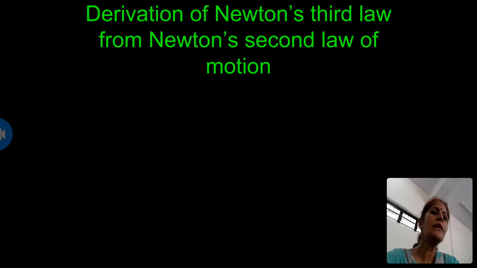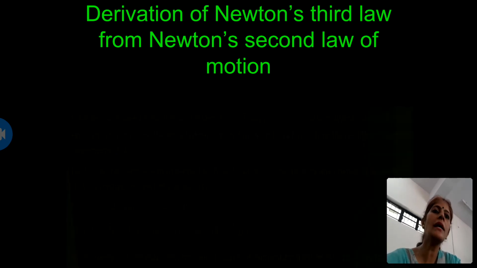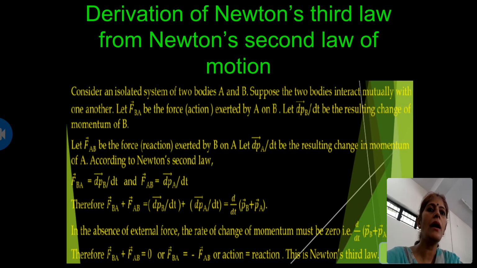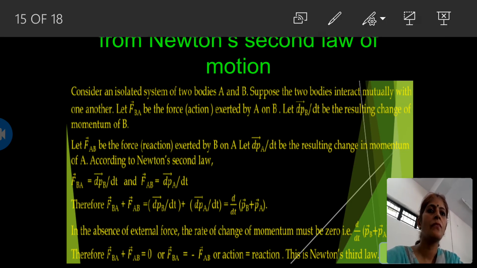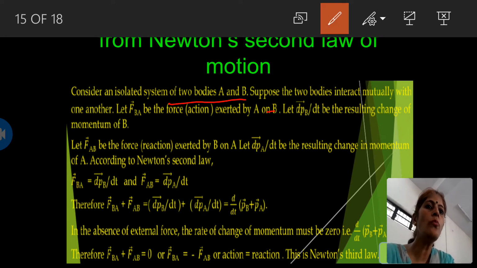Now next, let us derive Newton's third law from Newton's second law of motion. Newton's second law is the real law of motion because both the laws can be deduced from Newton's second law of motion. Now here we are going to derive Newton's third law of motion from Newton's second law of motion. So for this, let us consider an isolated system of two bodies, suppose A and B. The two bodies interact mutually with each other.